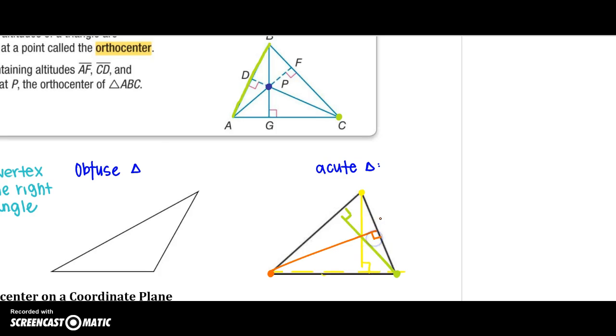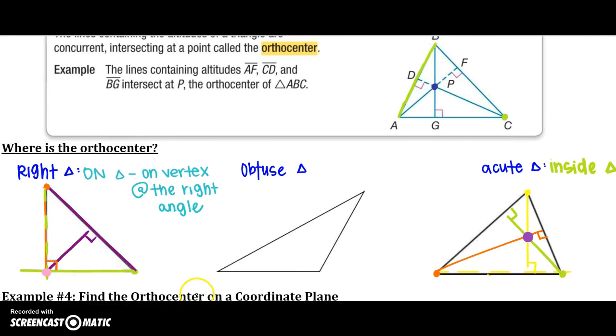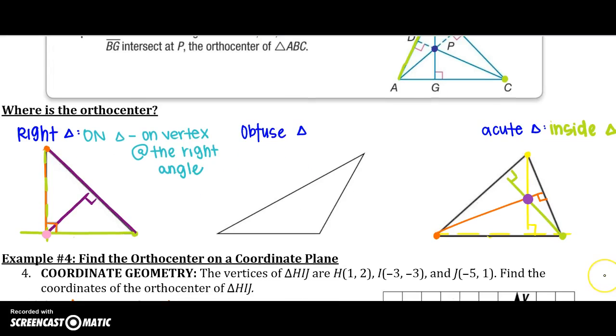Notice that if it's an acute triangle, that orthocenter is actually inside our triangle.